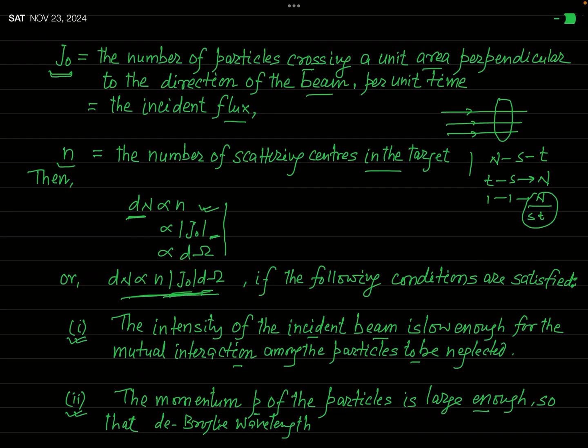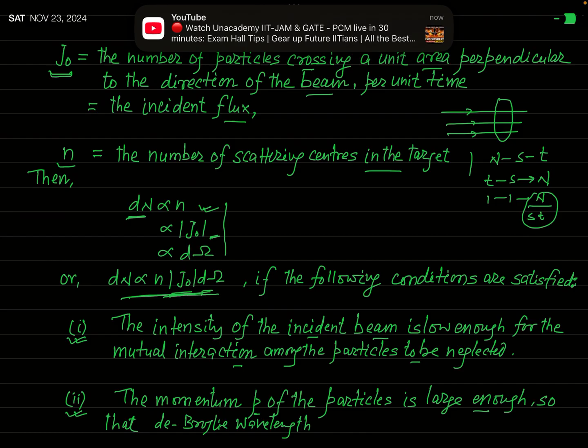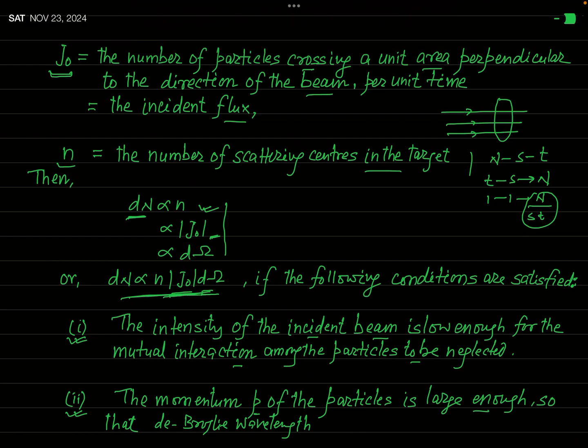So there are optimum values of J naught and P for a given setup. You can't take P very large, you have to take an optimum value. Similarly, you can't take J naught very large or very small. You have to take an optimum value.